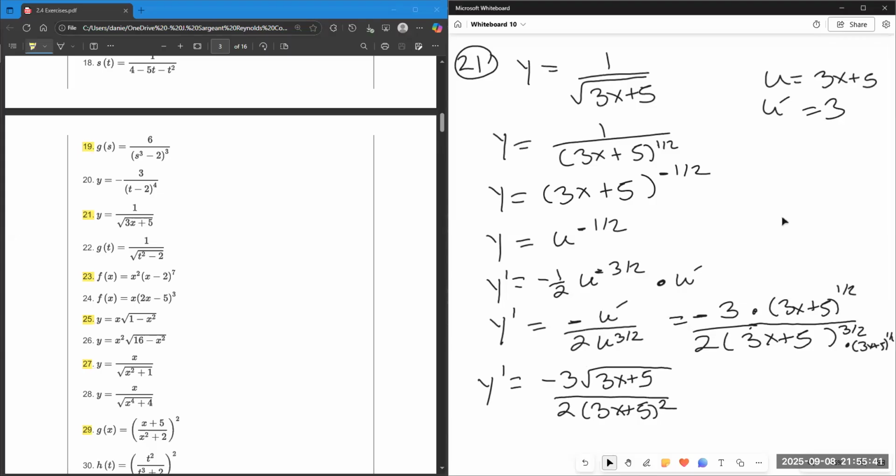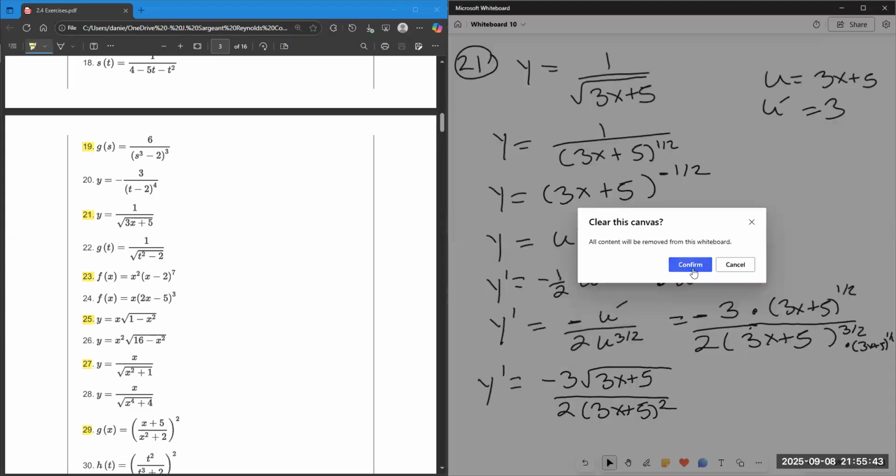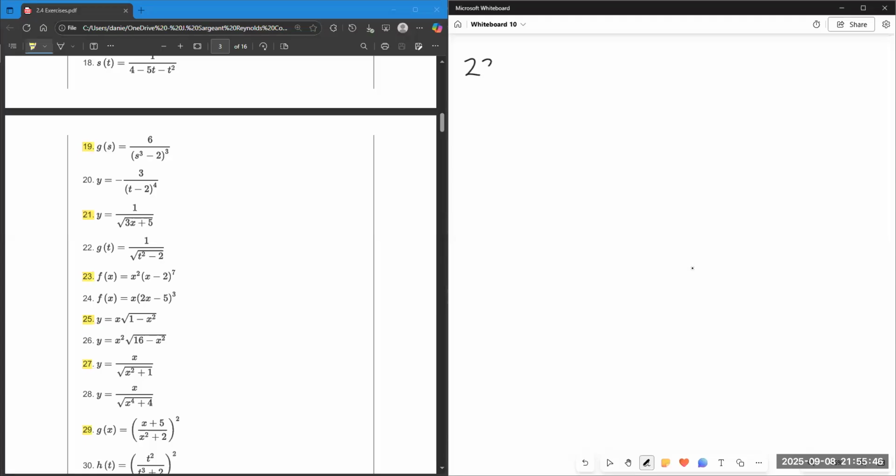Let's look at number 23. 23 is f of x is x squared times x minus 2 raised to the 7th power. And we have a product rule here, so let me not write it out with u's and v's.